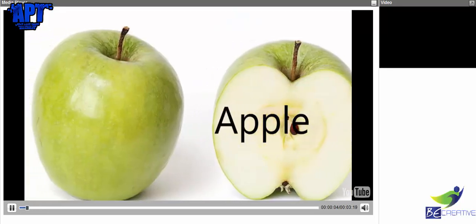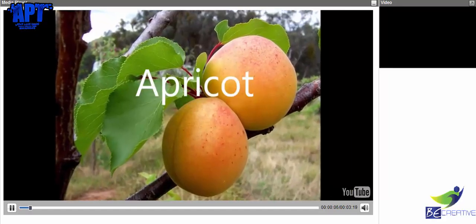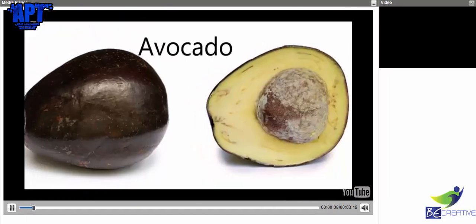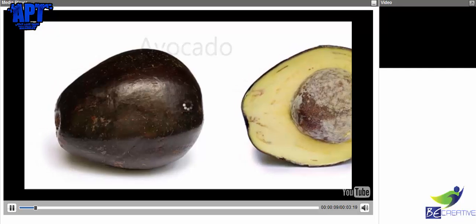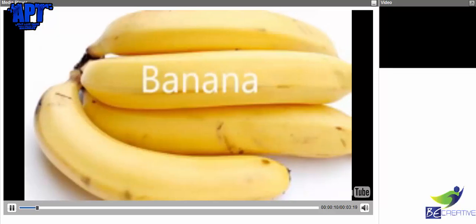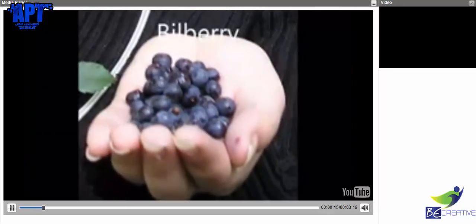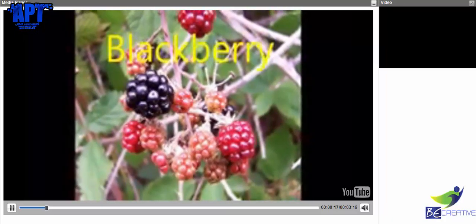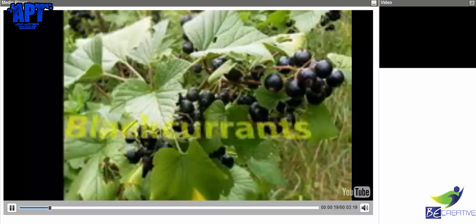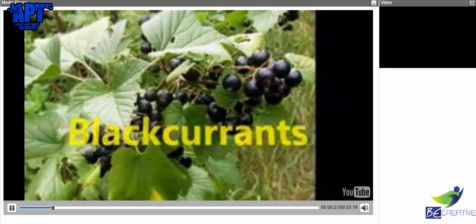Apple, apple. Apricots, apricots. Avocado, avocado. Banana, banana. Bilberry, bilberry. Blackberry, blackberry. Blackcurrants, blackcurrants.